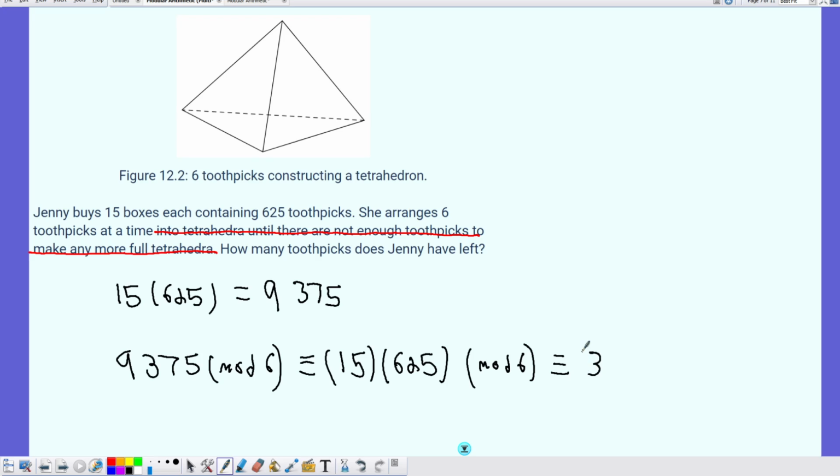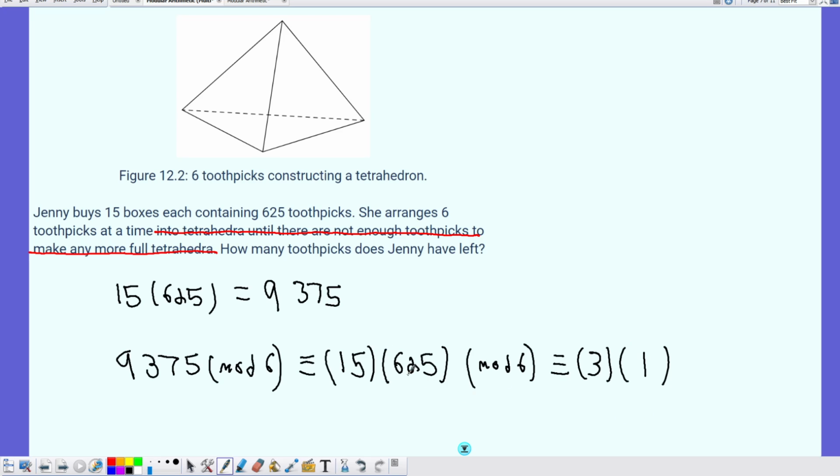So that becomes 3 times 625 mod 6. Well, I know that 6 times 100 is 600, and 6 times 4 is 24. So 6 times 104 is 624, and the remaining value would be a 1.